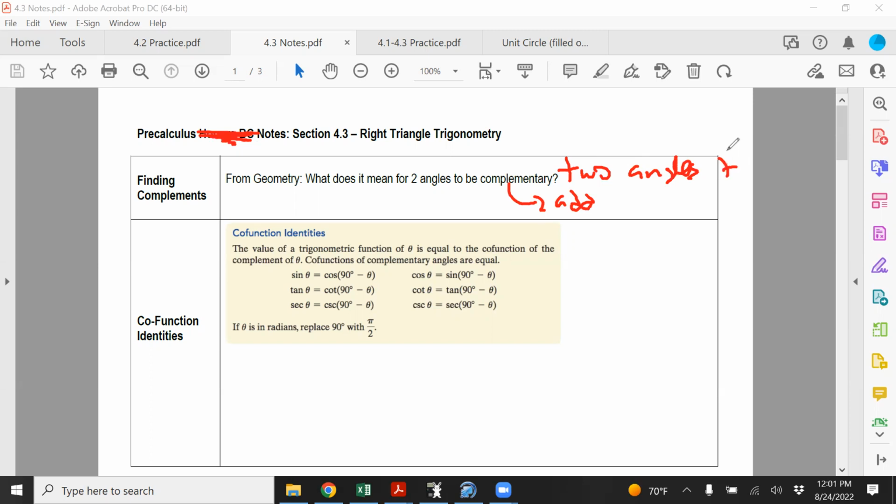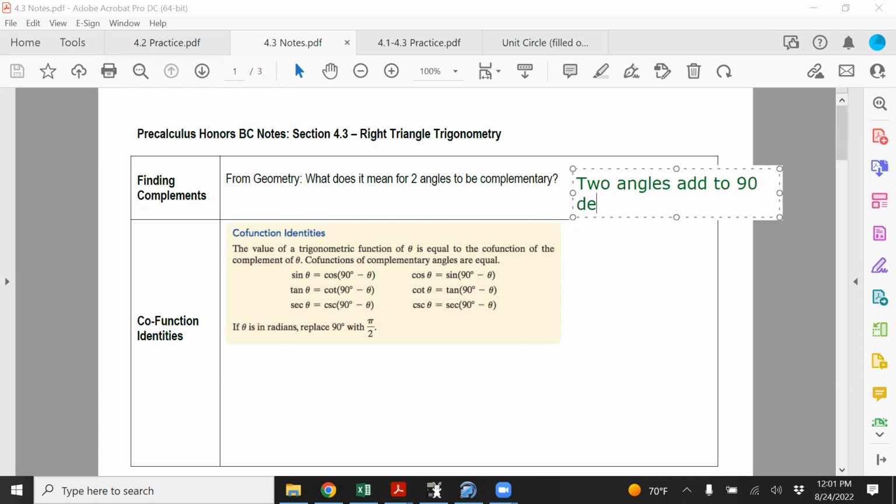Two angles that add. Let me just write it as a text box. It's easier. Here we go. It's when two angles add to 90 degrees. That's what it means to be complementary. Now, one thing that I didn't make clear to you yet, but I'm going to make clear right now.